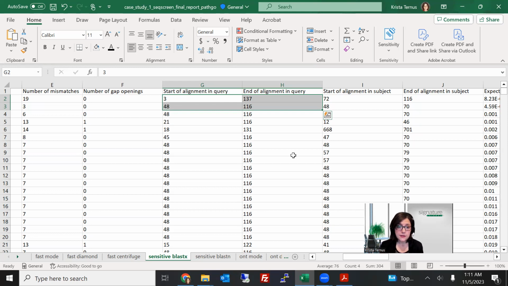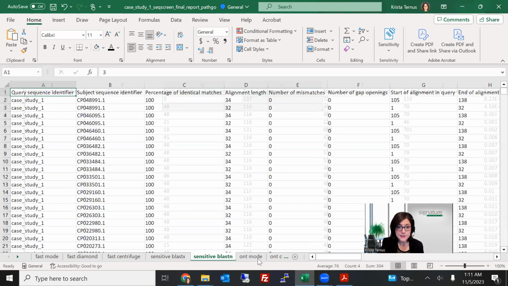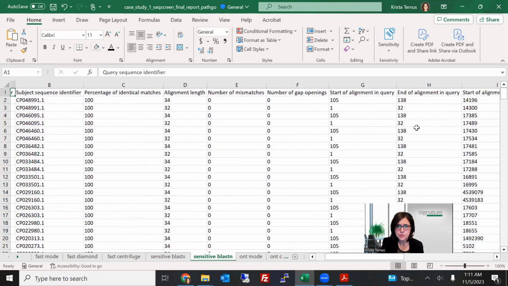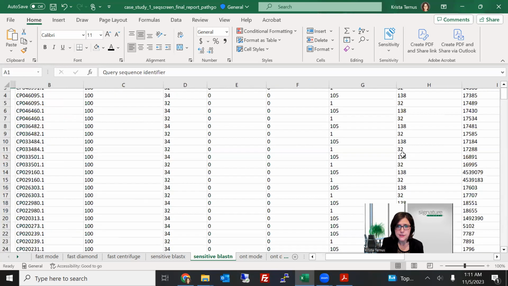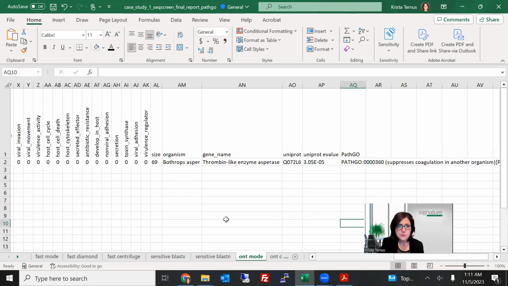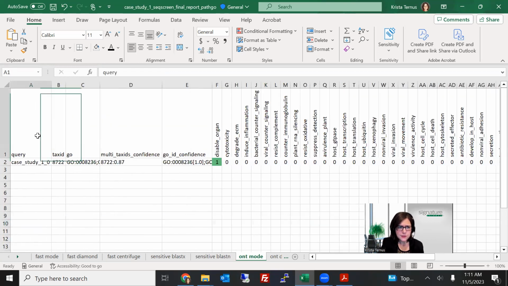I went ahead and analyzed it with the other mode in SeqScreen just for fun, to see what would happen. I also included the BLASTN results here from sensitive mode, which are primarily yeast, and you can see that the yeast is showing up at the beginning and the end of the sequence. For ONT mode, it was interesting to me that it really keyed in on this middle snake toxin sequence.